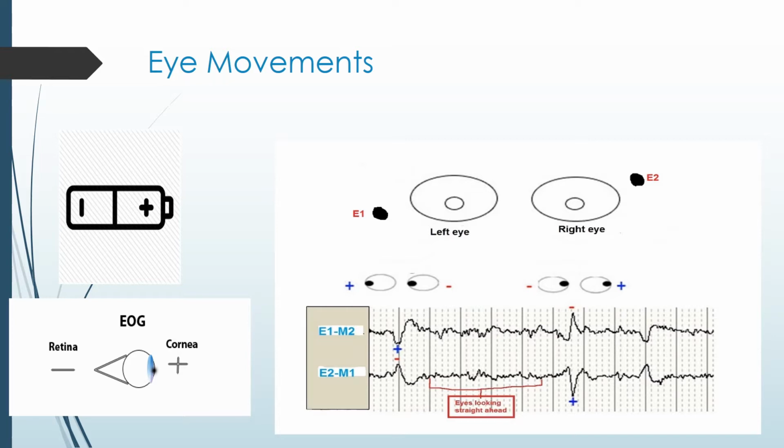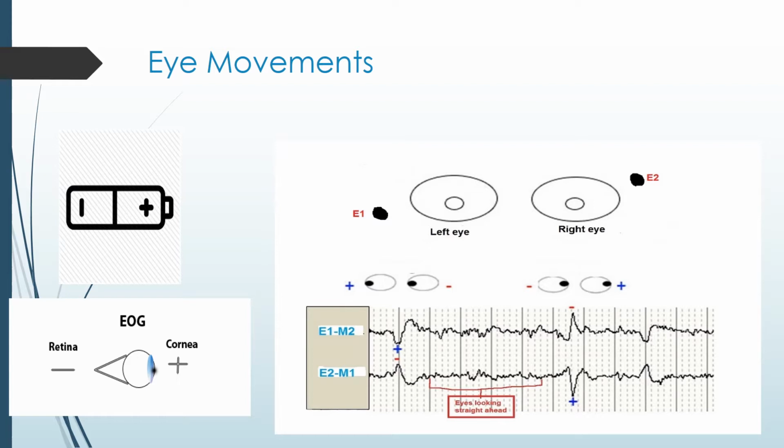When we ask a patient to look left, pictured in front of you, the cornea of the left eye will move closer to the left EOG electrode. This makes the output of the electrode, or what we see on our EOG channel, more positive, meaning it's going to deflect downward.